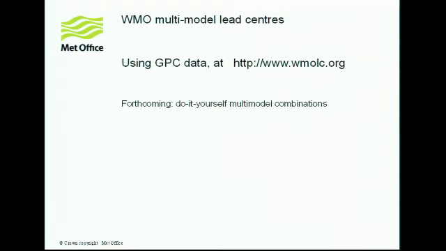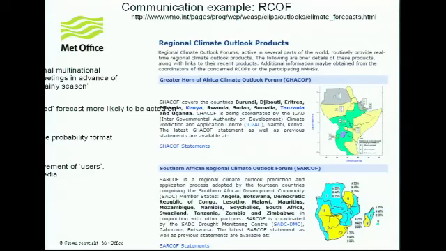You can create your own, and that's useful because if you're not interested in a generic combination of all the models, you want to know what's going to happen in my part of the world in the particular time that I want to know about it, and you want a particular combination of models to give you the best forecast for that particular bit of information.